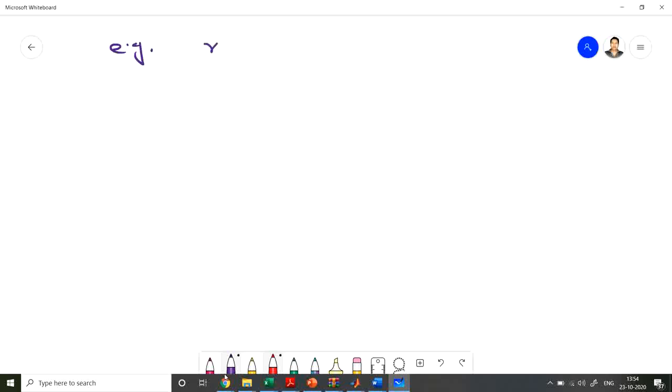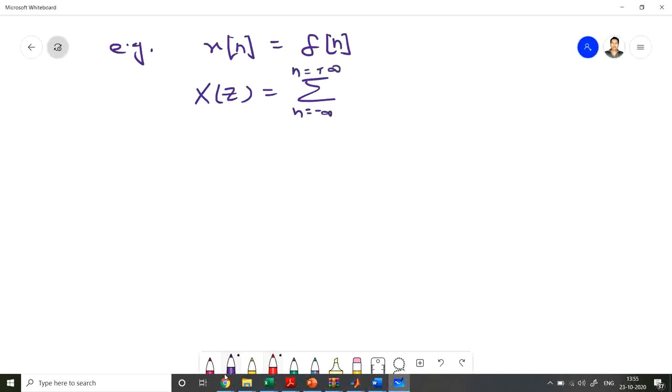So let us discuss one problem, and by using that problem we can analyze the region of convergence. Let us take x(n) equal to delta(n). Now we can find the Z transform of this signal. X(z) is the summation from n equals minus infinity to plus infinity of x(n) z raised to the power minus n, which is the summation of delta(n) z raised to the power minus n.